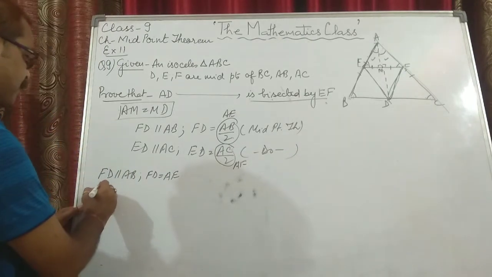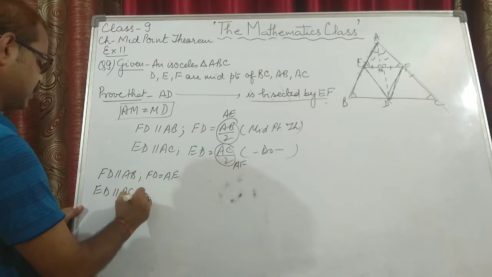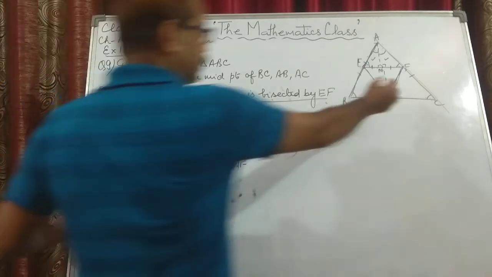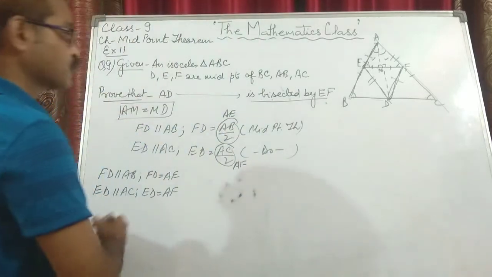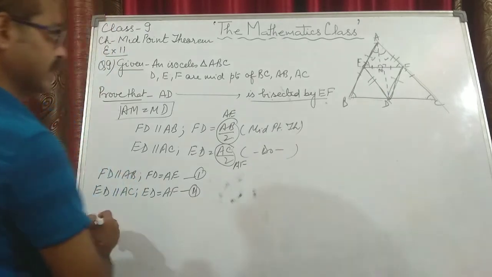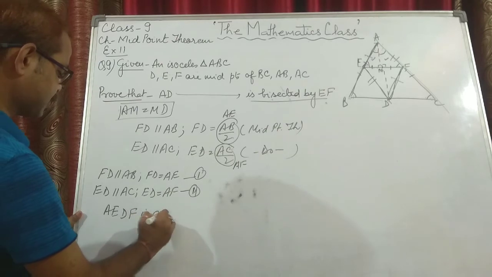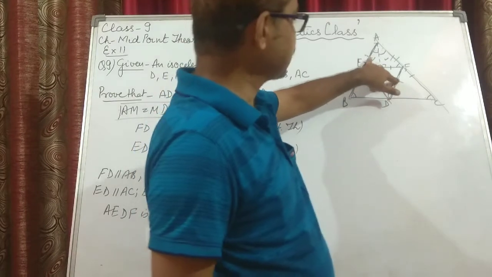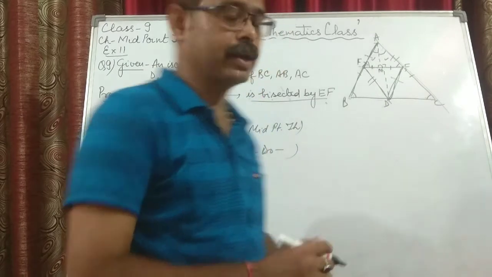At the same time, ED is parallel to AC and ED is equal to AF. This side and this side parallel, this side and this side parallel and equal. So we can say that AEDF is a parallelogram, since these two sides are parallel and equal, and these two sides are parallel and equal.